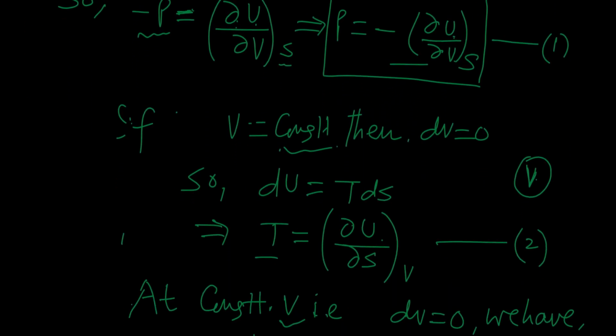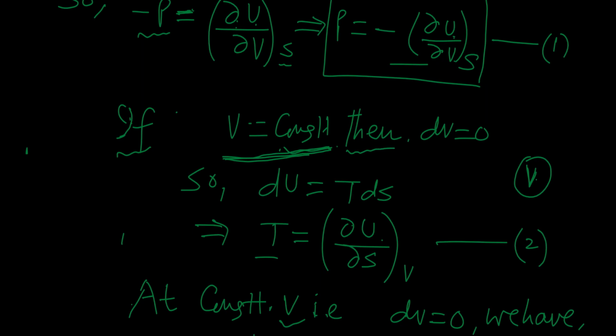Similarly, if we impose another condition on the same equation, that is equation A, the condition is we consider V is constant instead of S. If V equal to constant, then as V is constant, what will be dV?